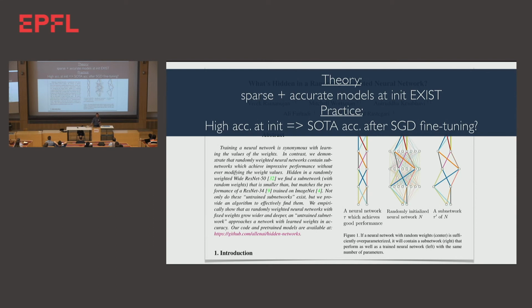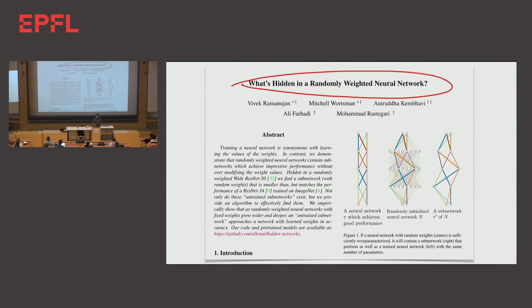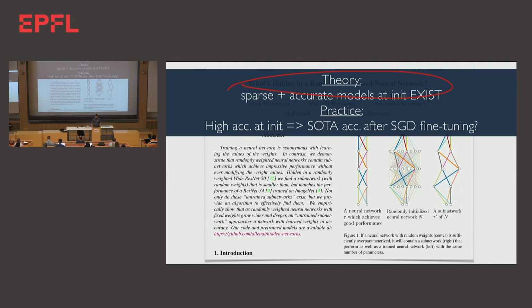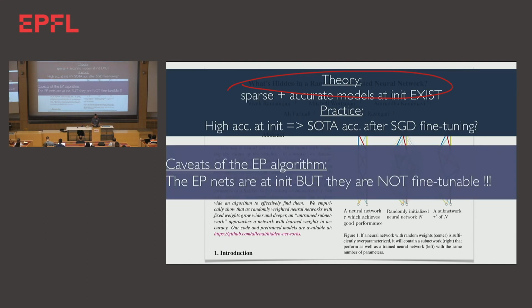So if I were to take the models from this paper, which also create sparse models at initialization, what would happen if I run SGD on them? That's the thing I would like to see. Would they reach state-of-the-art accuracy or not? What they find is that the EP networks, EP is the name of the algorithm, are not fine-tunable at all. That by itself is a striking result that's worth writing a paper on.